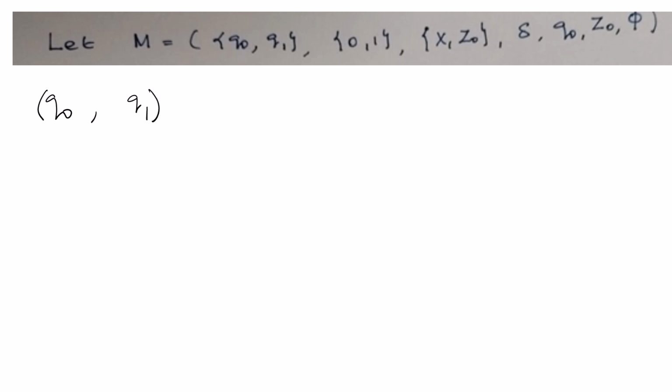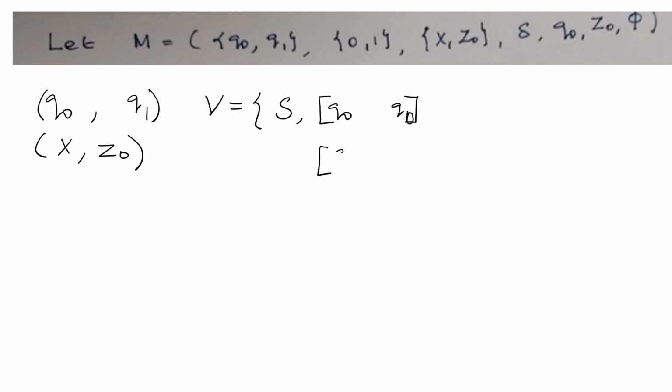That is what is going to form the variables, and we also have to use the stack symbols X and Z0 to form the variables. We also add the start symbol S, and then go with the combinations: Q0 Q0, Q0 Q1, Q1 Q0, and Q1 Q1.